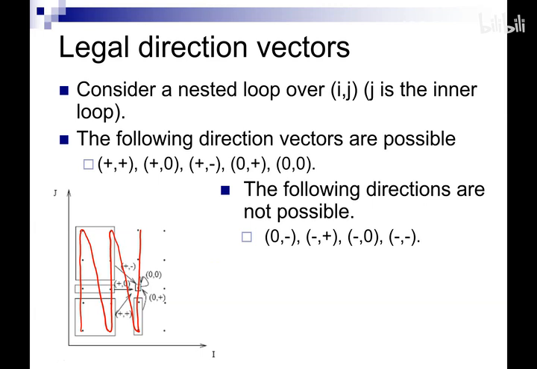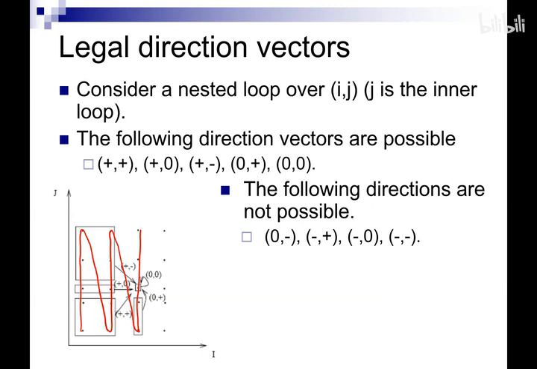Now why do I say that some of these direction vectors are possible? The only time you can have a dependency is if, let's say, iteration t1 depends on iteration t2, then you have to do t2 first, and then you can do t1, because t1 depends on t2. So t2 has to happen first.